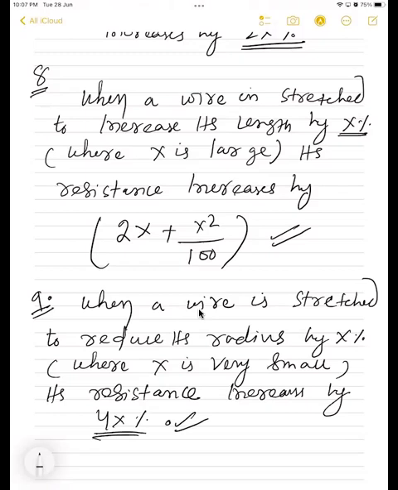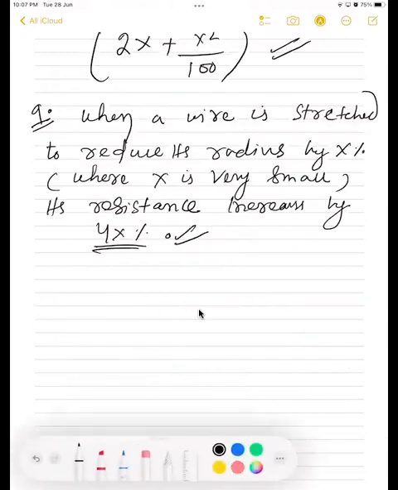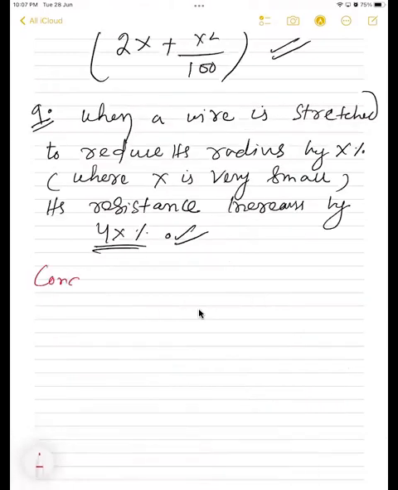Like resistivity, there is also conductivity. The reciprocal of resistivity is known as conductivity, that is sigma.